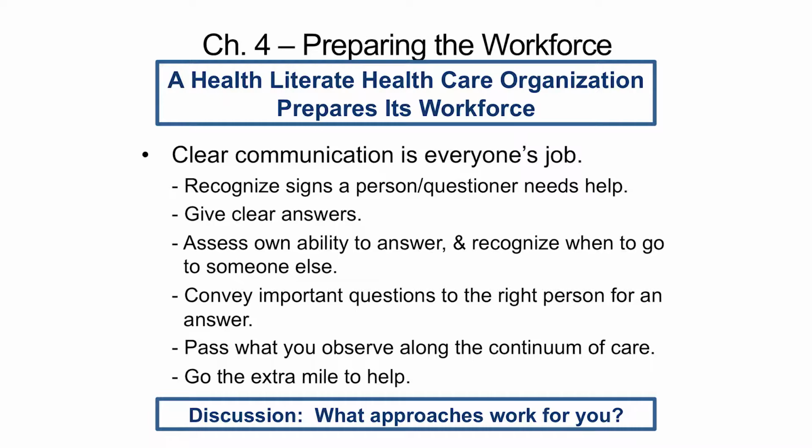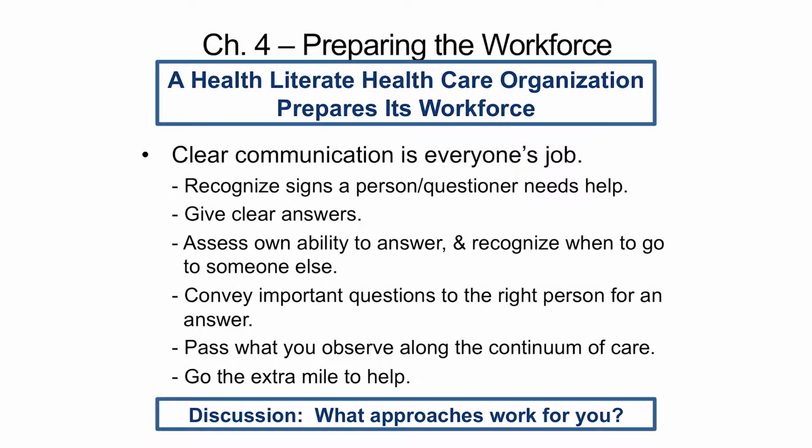Not that we want people answering questions that they aren't qualified to answer, but to make sure that they don't say, you'll have to ask the nurse about that, but to make sure that they either are taken to the nurse or the nurse finds out. And to pass what you observe along. So if somebody is finding out that someone is having trouble understanding, let the next person who's going to be helping to care for that patient know. Mrs. Smith needs a little bit extra attention, or this is something that we see a lot.